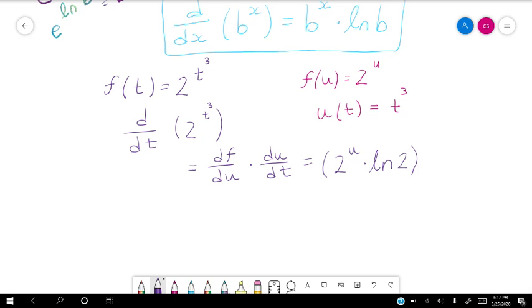That's df du, and then what's the derivative of u with respect to t? 3t squared. Again, we have a u, but we started with a t, so let's not make it awkward. Let's give them t's, and u again is t cubed.